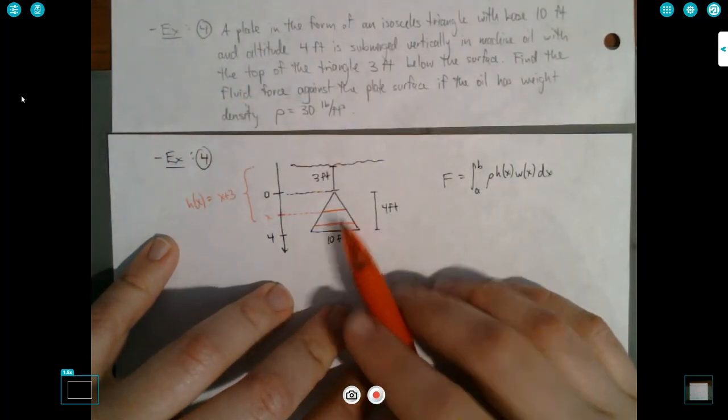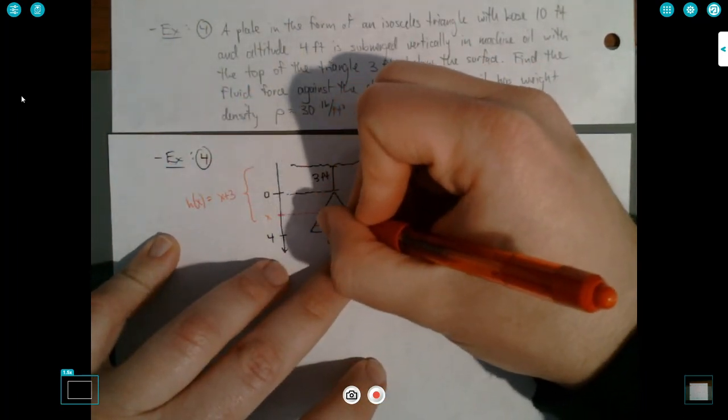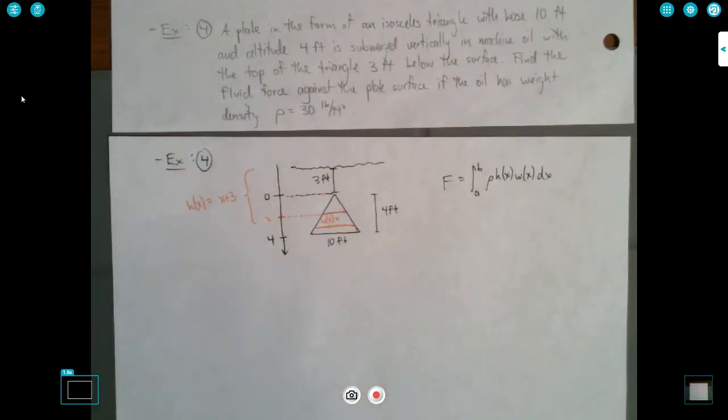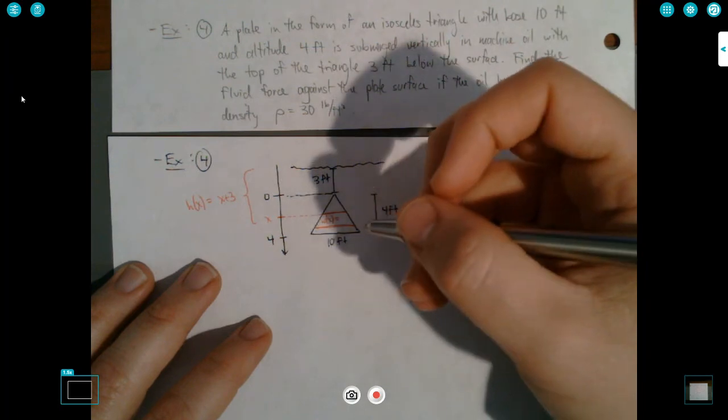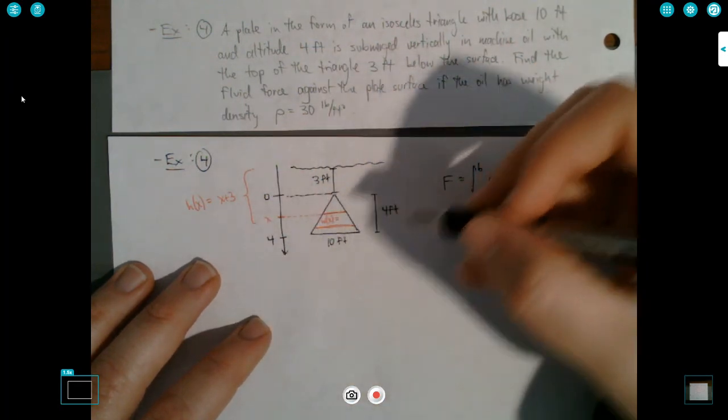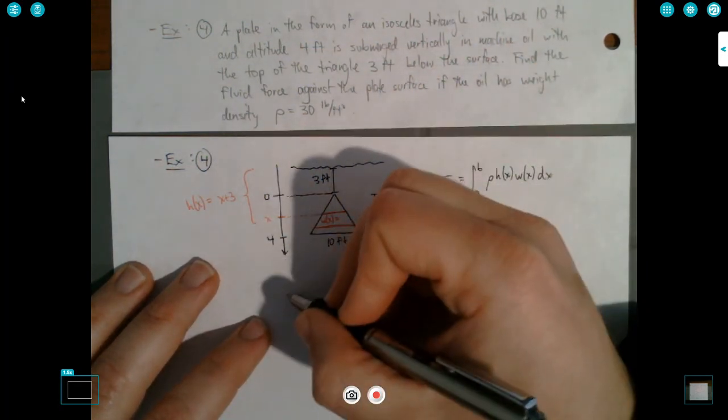But what's the width? W of x. Well, we can use some geometry here.